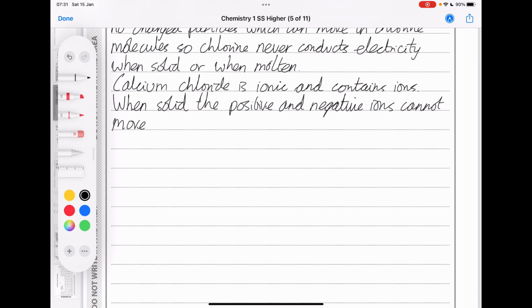I'm going to add a little bit more because it's a good idea too, but that's the key point, because, rather than they, I'm going to write the ions are locked in place in an ionic lattice.